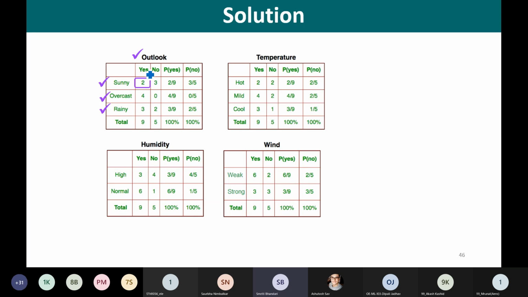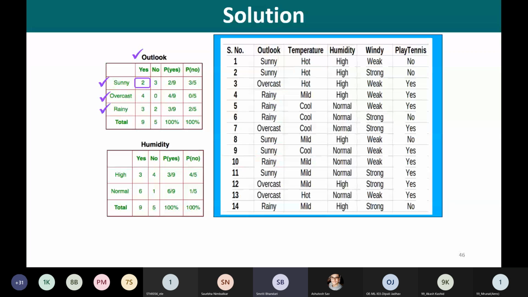And what are those columns? This yes is a value for our target variable. No is also a value for the target variable. Then we are computing probability for yes and probability for no. Now, let us see how we have computed these values.